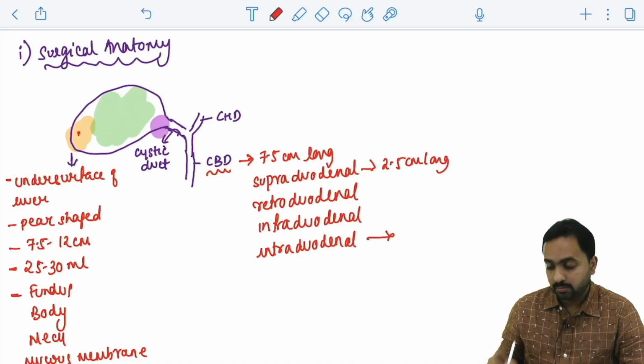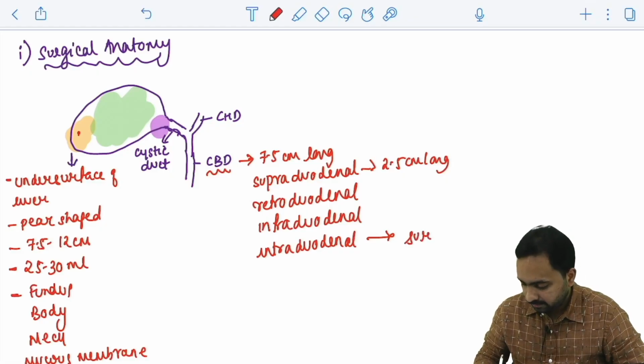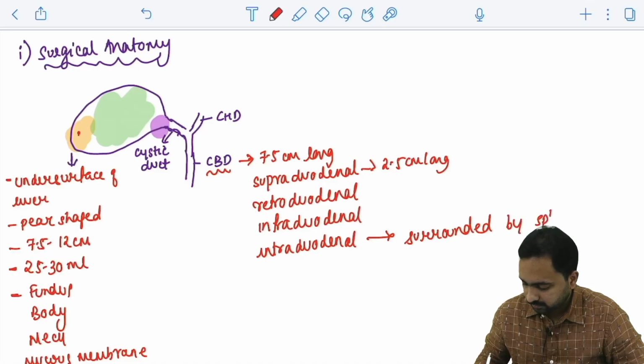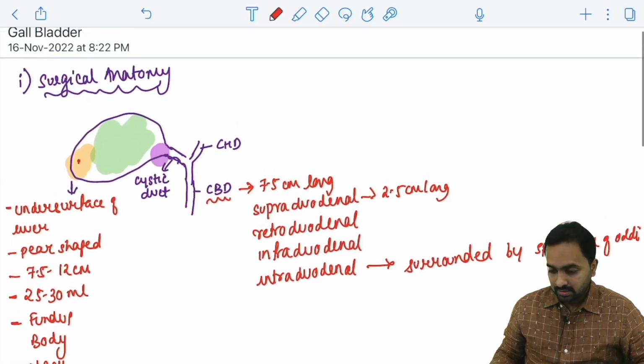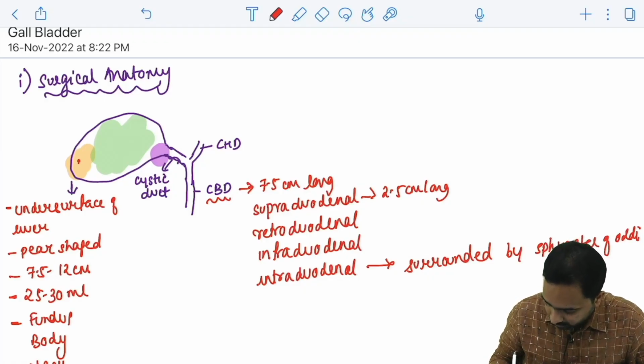This intraduodenal part is surrounded by sphincter of Oddi.